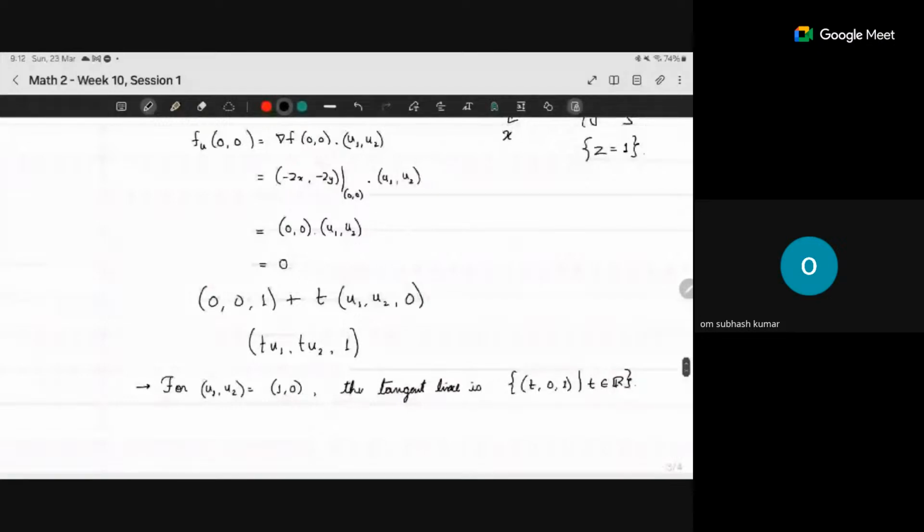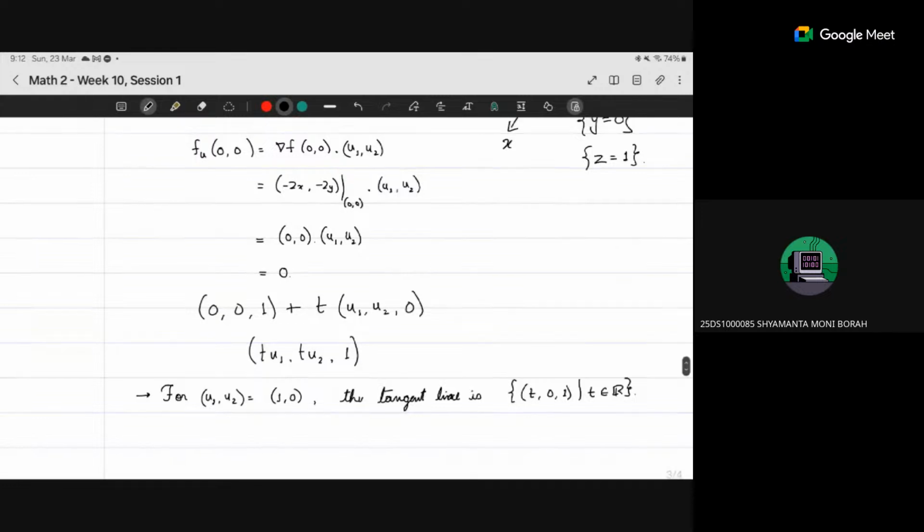Is it clear? This part is fine, sir. The tangent line: we are considering 001, and I just have some confusion.